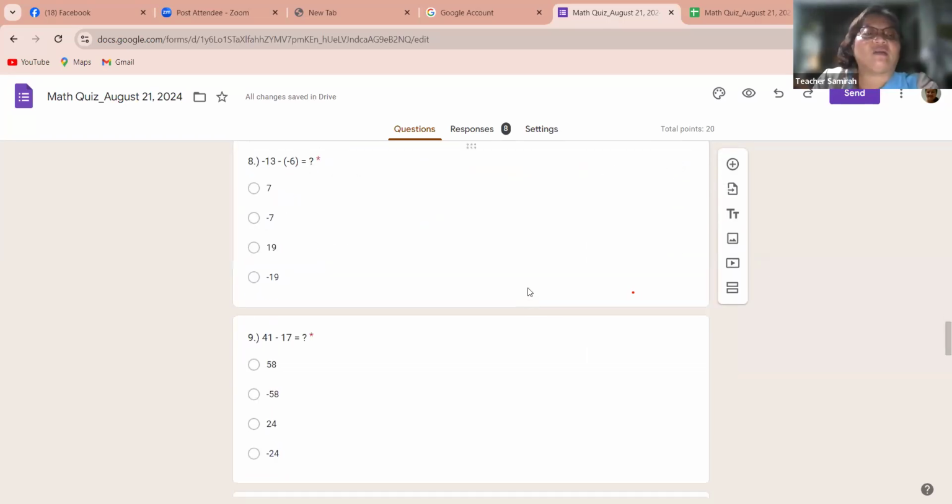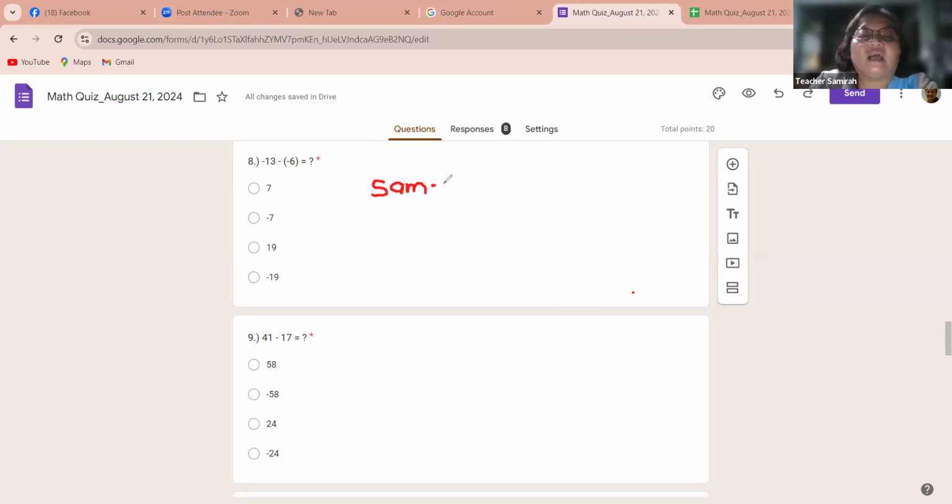Okay. How about number 8? Who would like to answer number 8? Take note. You should always remember the rule regarding subtraction of integers. What is that specific rule? The first integer will still be the same.